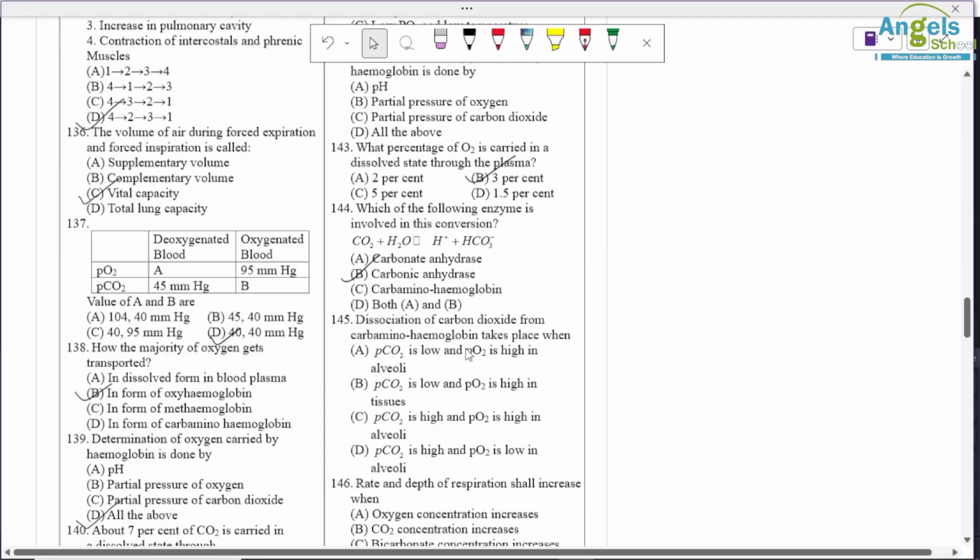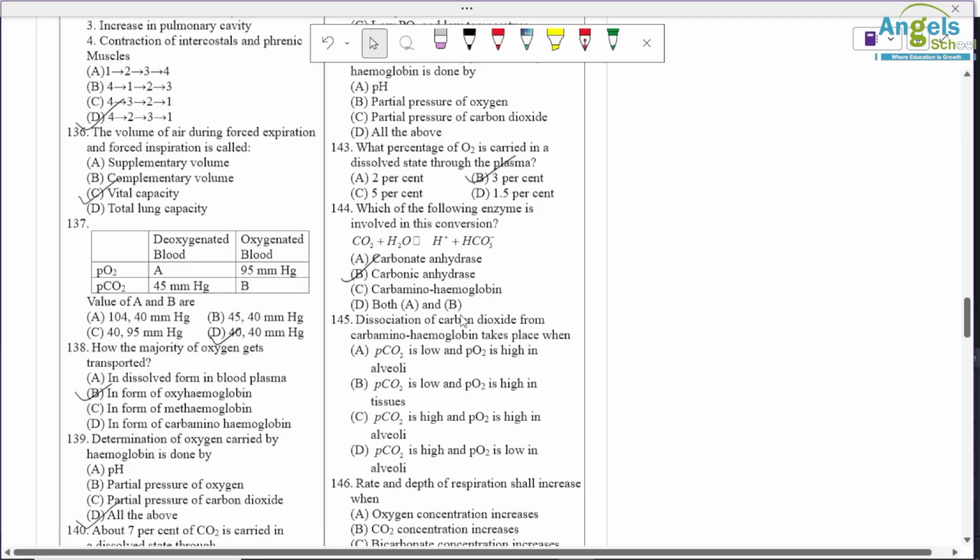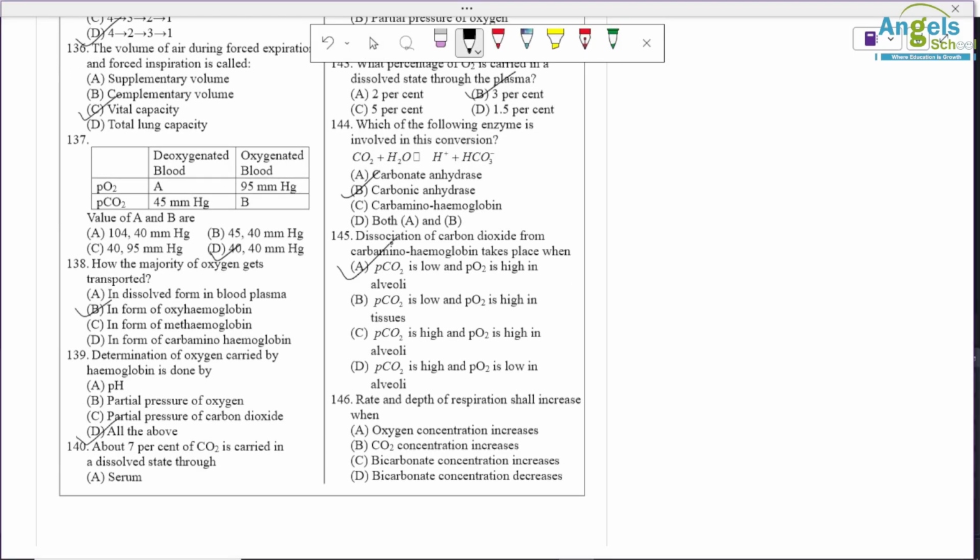So when PCO2 is low and PO2 is high in alveoli, the dissociation takes place. Question number 146.